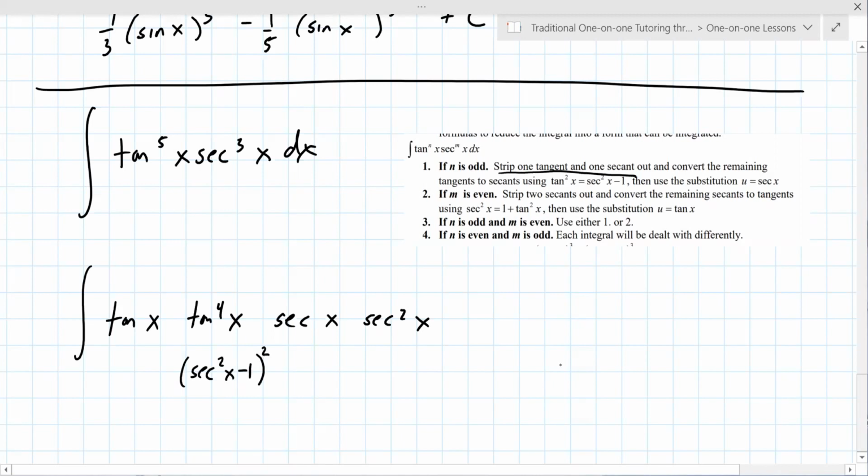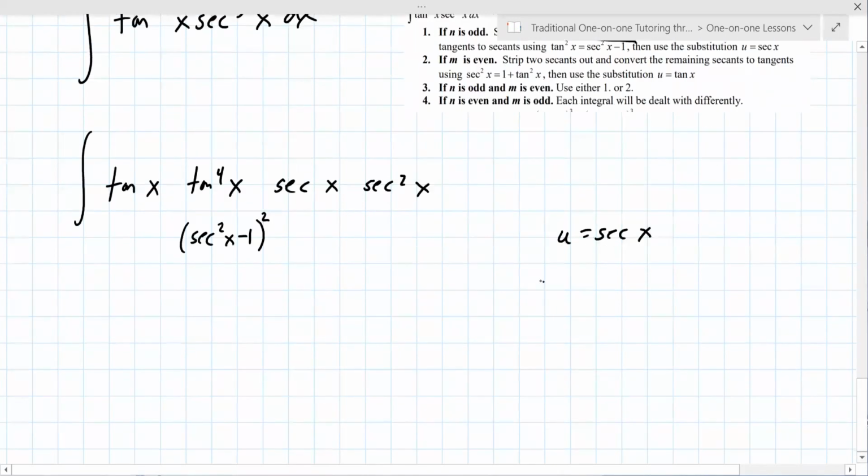And then use the substitution u equals secant x. I don't have a good feel for where this is going yet, but we'll just do it and we'll see. Yeah, on the quiz I didn't either. So du, the derivative of secant, is secant x tangent x dx.